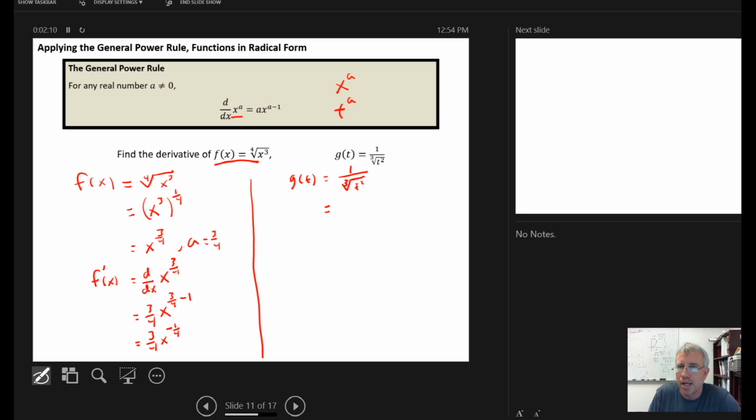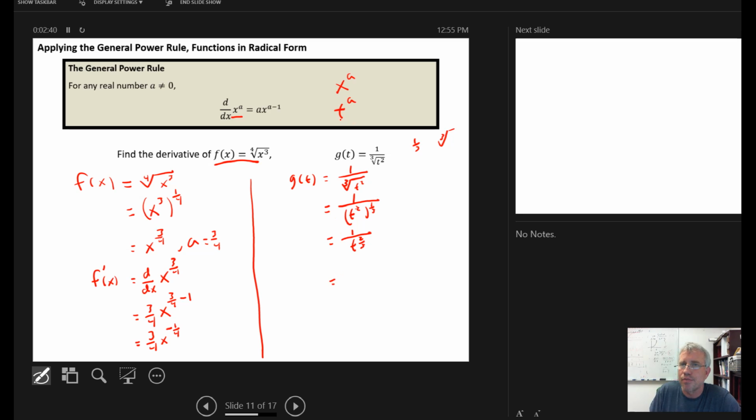So we want to recognize that to take the cube root of t squared, we're really taking the t squared and raising it to the 1/3 power. 1/3 power is the same as the cube root, but this is just 1 over, 2 times 1/3 is 2/3, 1 over t to the 2/3.